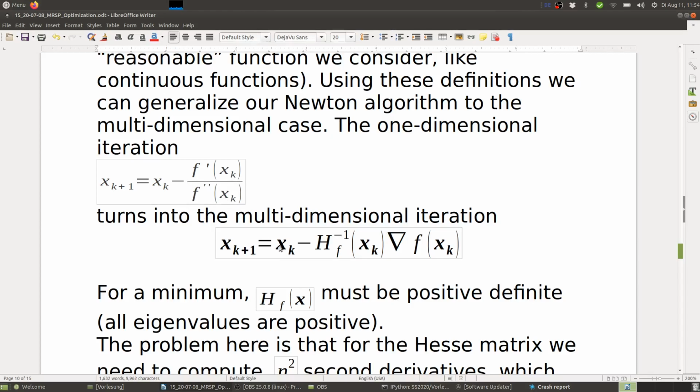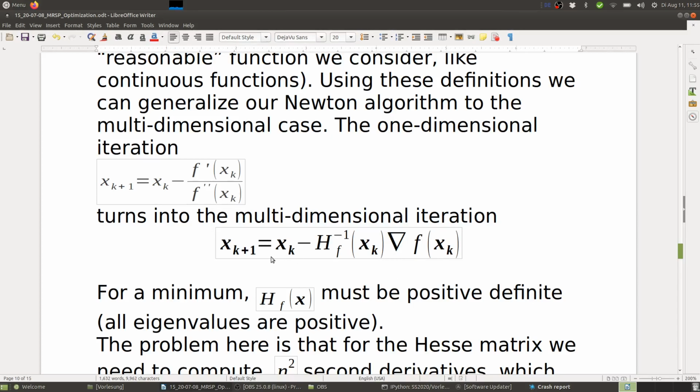But for matrices, remember, matrix multiplication was not commutative. It means it matters if you multiply from the left or from the right. So if the gradient vector is a column vector, then the matrix inverse has to come from the left-hand side. Otherwise, we cannot multiply the two, it wouldn't fit.